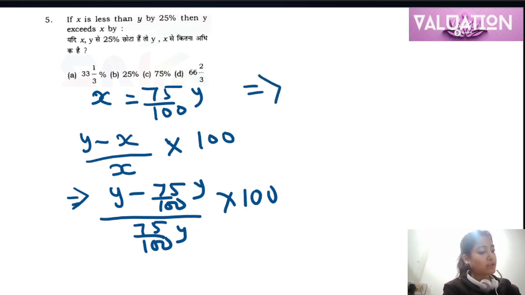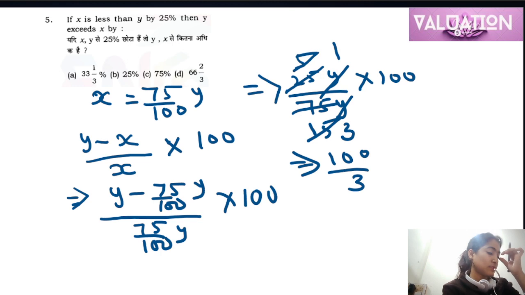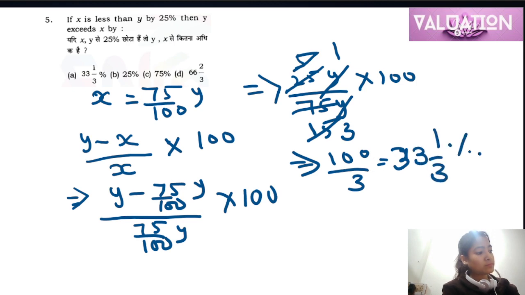Here we will get 25y over 75y times 100. y will cancel out. So here we will get 100 divided by 3. So this is the answer. So option A is the correct answer.